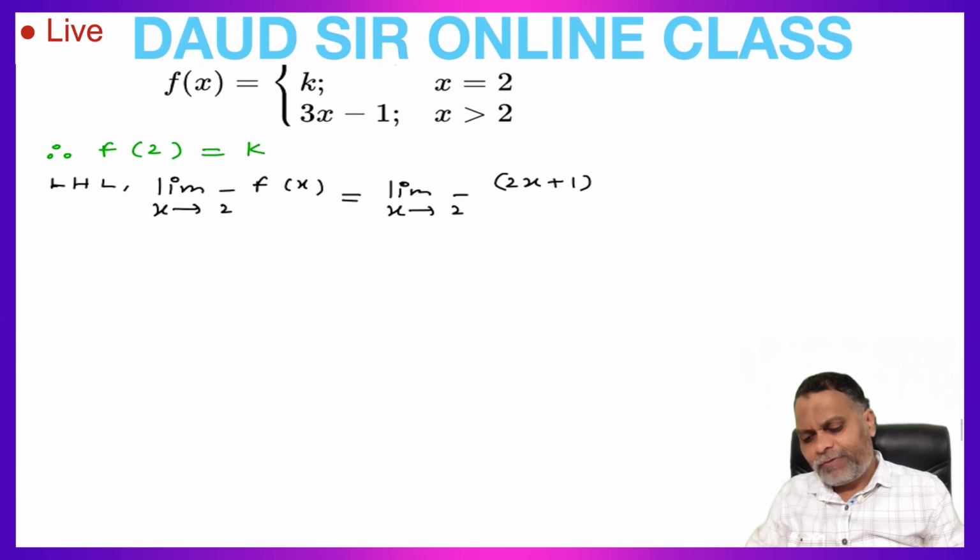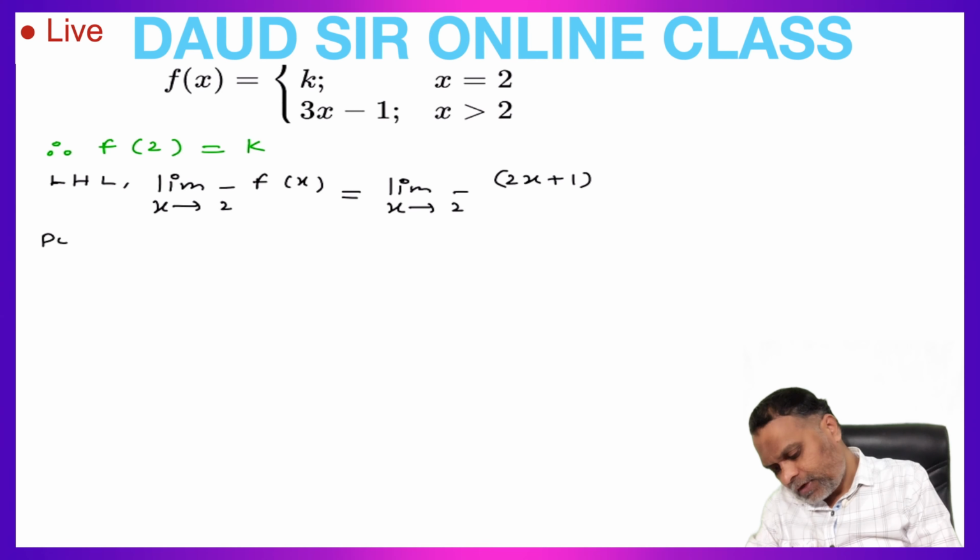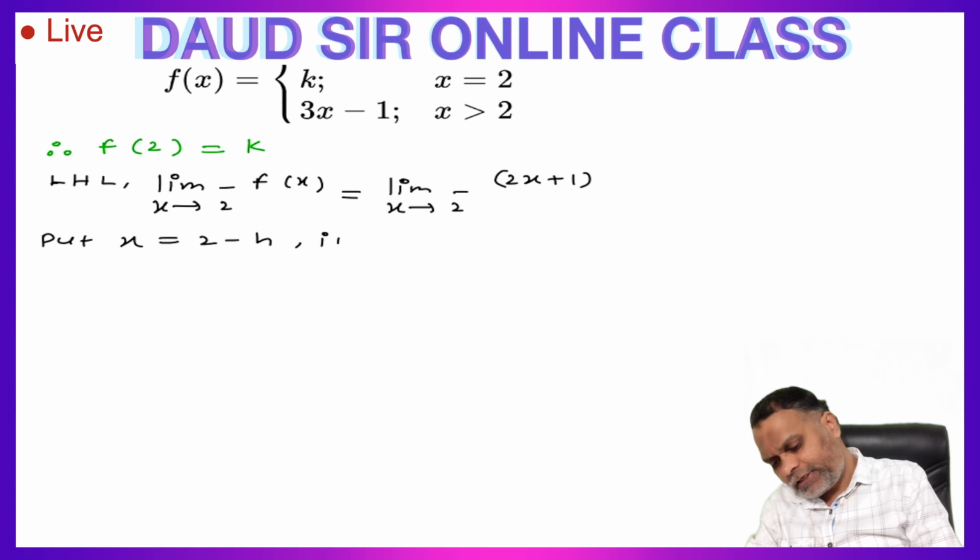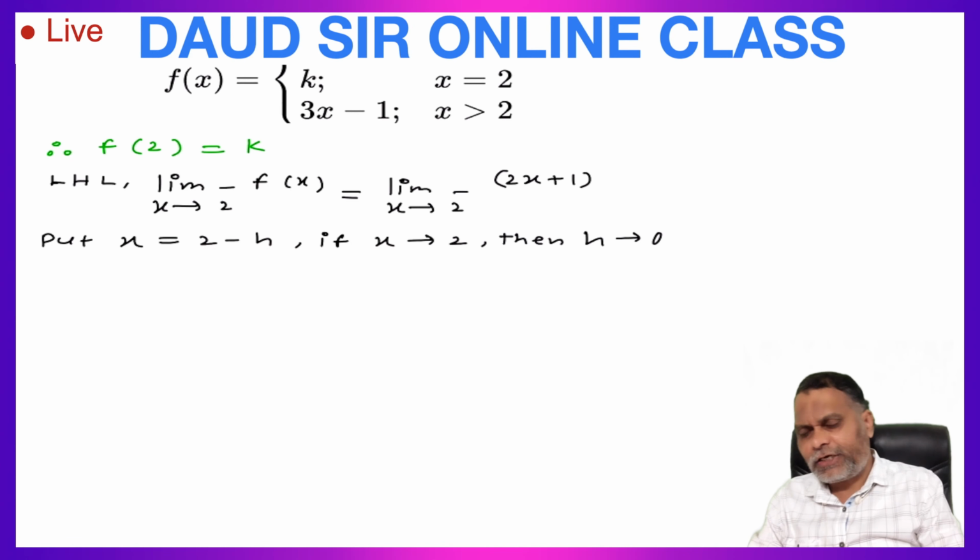For the left hand limit we have to substitute x is equal to a minus h, here a is equal to 2, so put 2 minus h. Change tends to: if x tends to 2, then h tends to 0. How? Put this 2 minus h here, 2 minus h tends to 2, 2 cancelled, minus h tends to 0, that is h tends to 0.